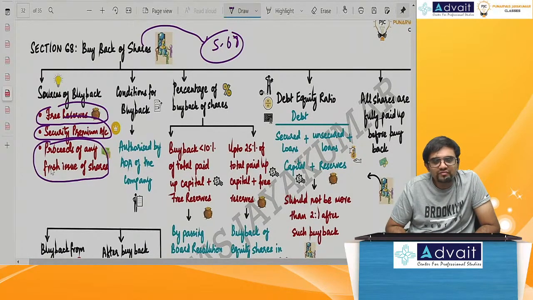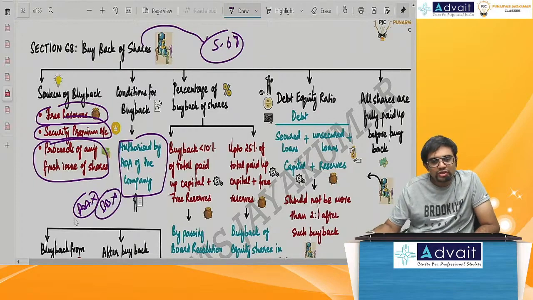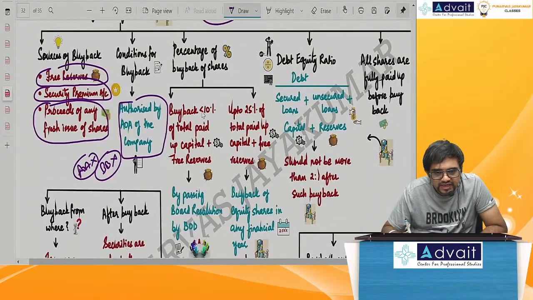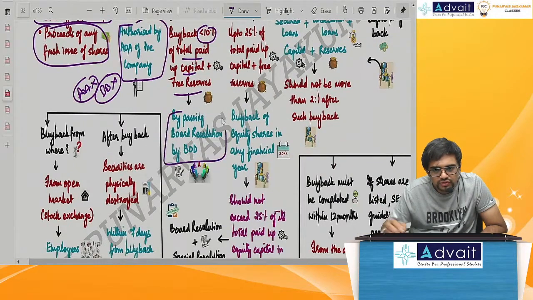Now, what are the conditions of buyback? It has to be authorized by AOA. If AOA is silent, buyback cannot happen. What should be the percentage of buyback of shares? If it is less than 10% of the total paid up share capital and free reserves, you can just pass a board resolution.